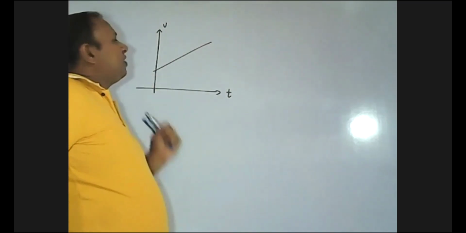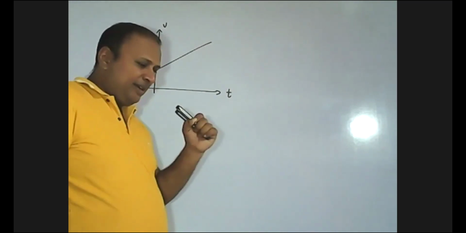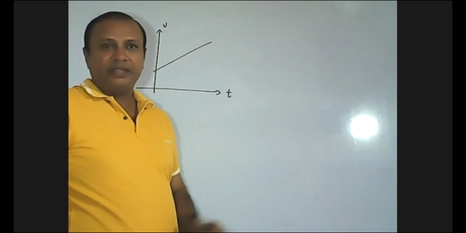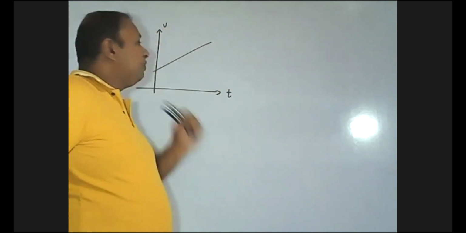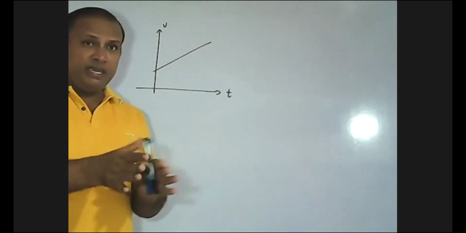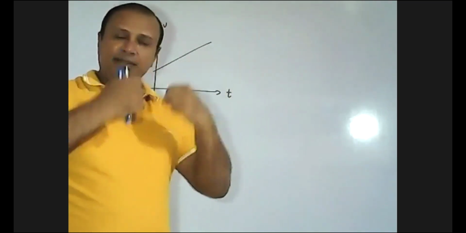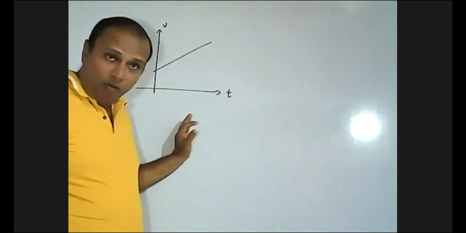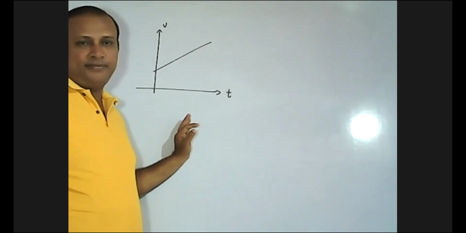If it is a straight line, that means the gradient of this curve is a constant. The gradient is the acceleration. So the acceleration of this motion is a constant.